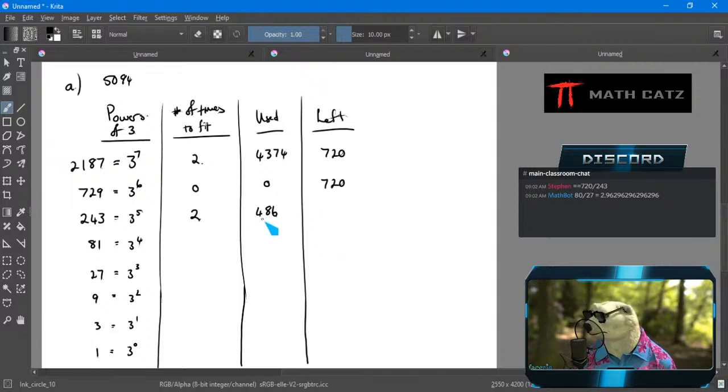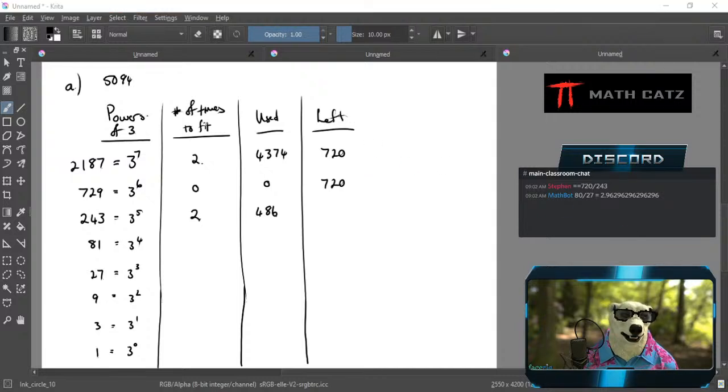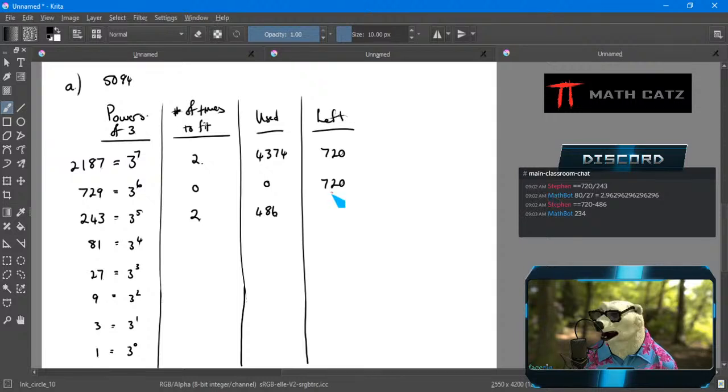Okay, so I've used of the 720, 486. So I have a little bit left. Again, maybe you want to practice, maybe you don't. Up to you. Subtraction. 720 minus 486, and we get 234. Did I do that right? Sure.